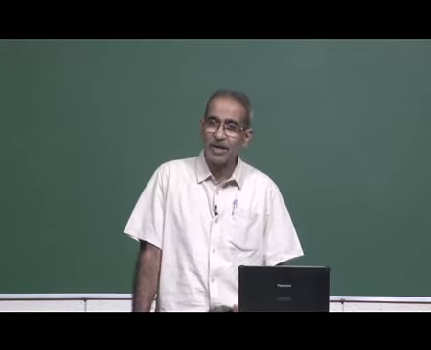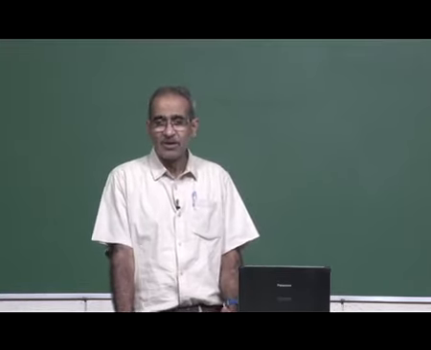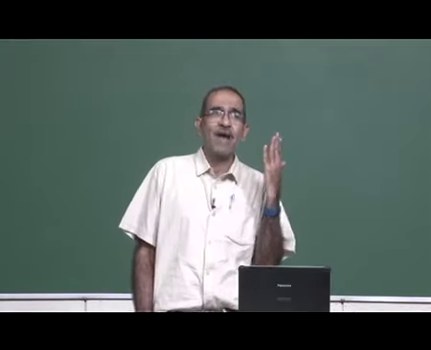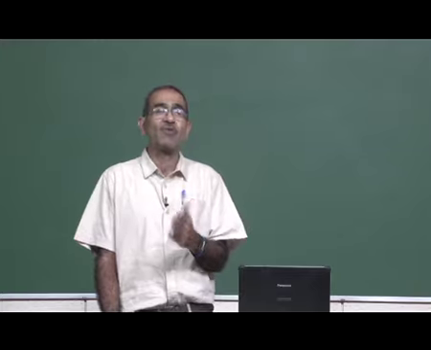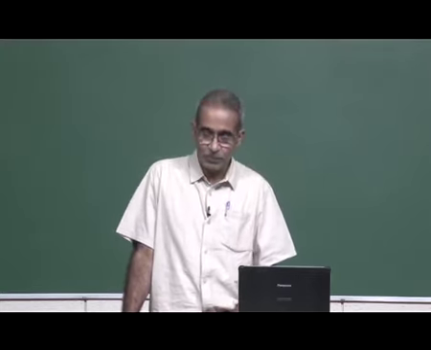We need not worry about that, but a qualitative understanding, for example, why there are these noble gases or inert gases, why there are these halogens, why there are these alkalis, and what their properties are, is something which we can actually understand.